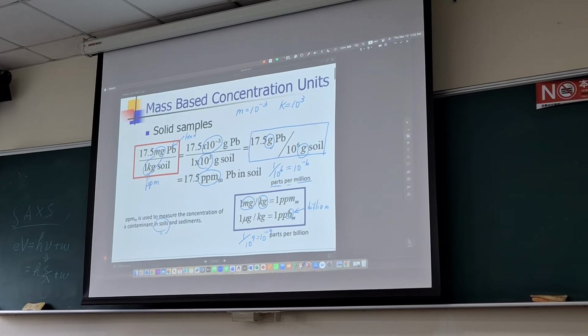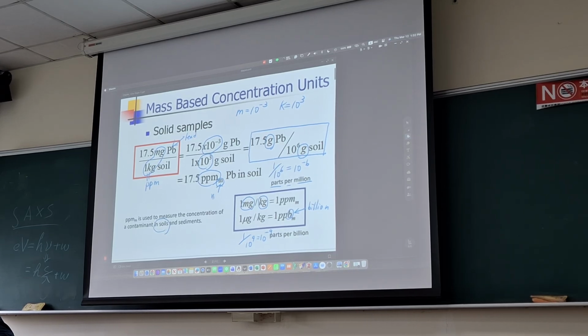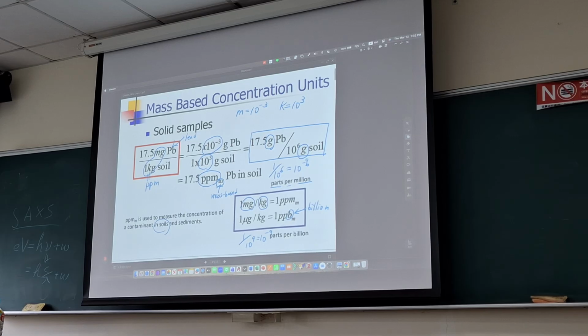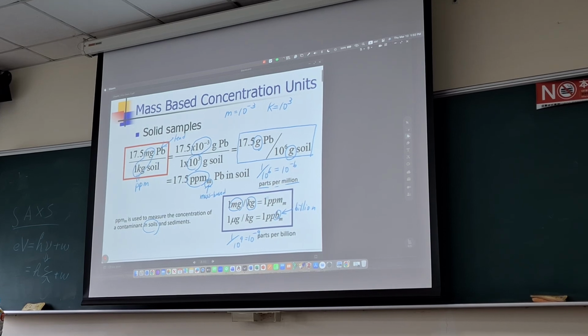Okay, so this is in the mass concentration unit. The subscript M here means mass based, so gram per gram. This is the solid contaminant over solid, like soil.